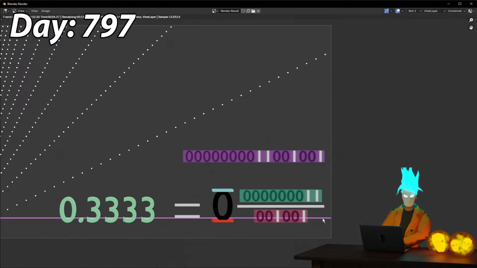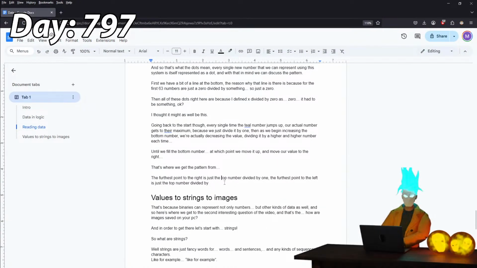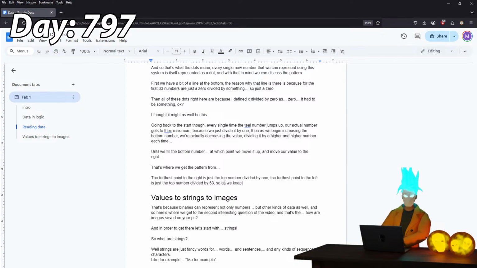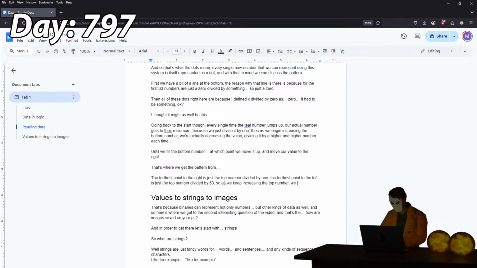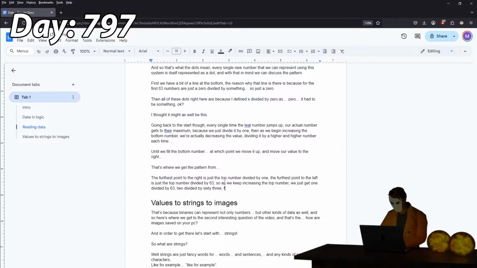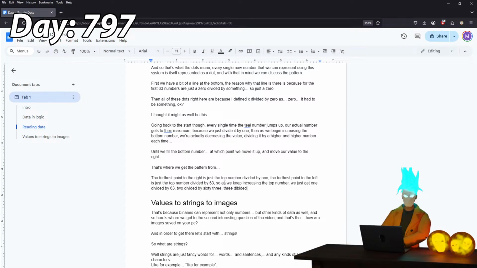That's a good question. 1, 2, 4, 8, 16, 32, 63. Divided by 63. So as we keep increasing the top number, we just get 1 divided by 63, 2 divided by 63, 3 divided by 63, and so on, so forth.